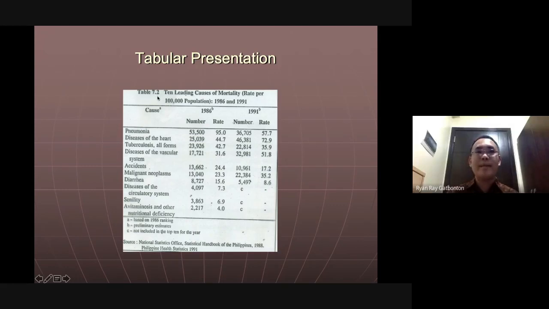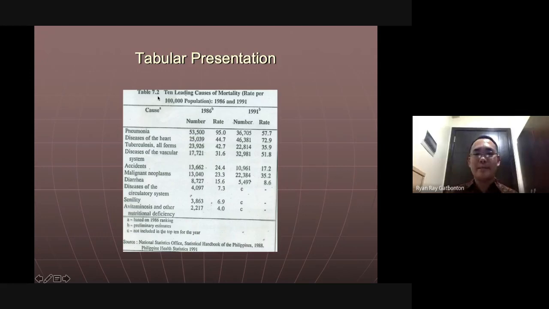We present our tables in whole numbers. So if this is the first table, the title should be Table 1. Then Table 2, Table 3, Table 4, until the end. That's the APA convention.